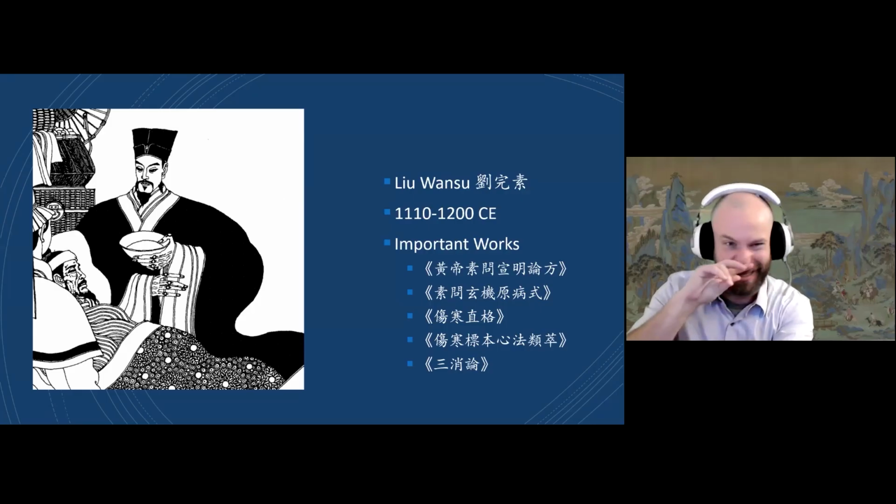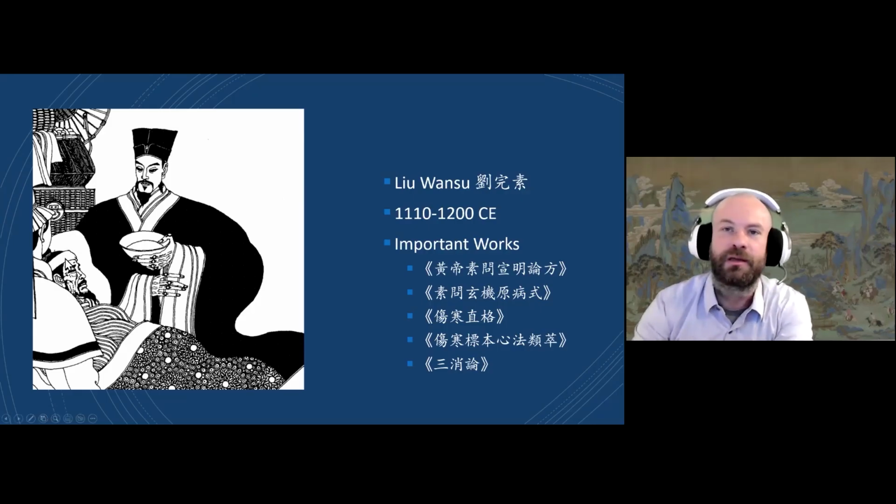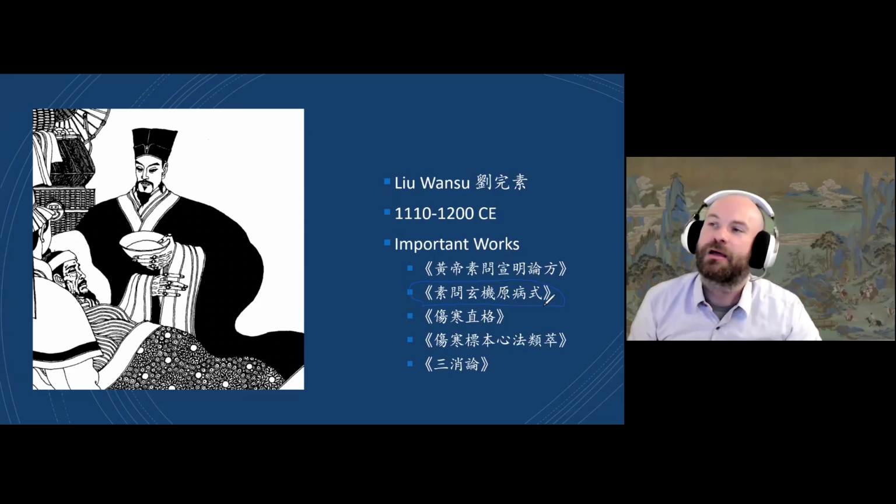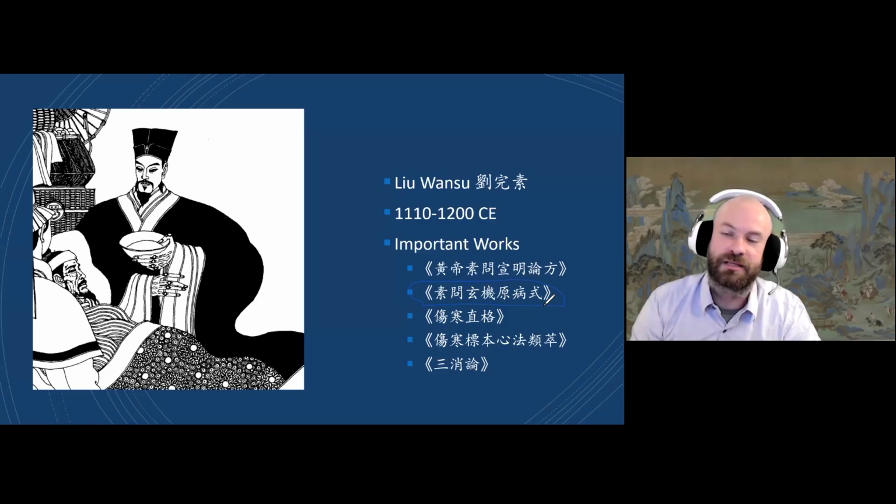But Lu Wansu's most famous work that most people would know is the Su Wen Xuanji Yuan Bing She. Sorry, my pronunciation is very bad. This one discusses Su Wen chapter 74, the 19 pathomechanisms of disease, and Lu Hezhen actually includes another one in there, as well as his own disease discussions.